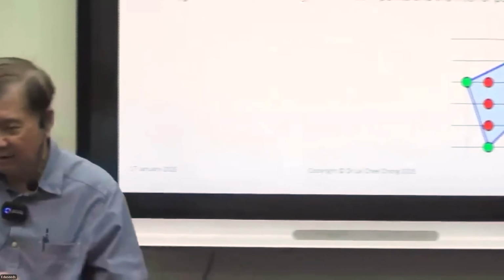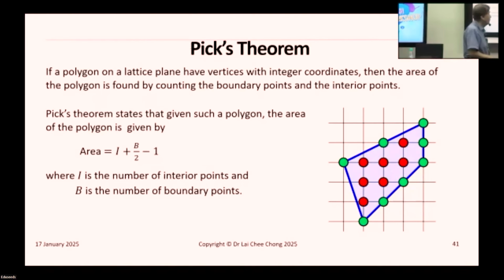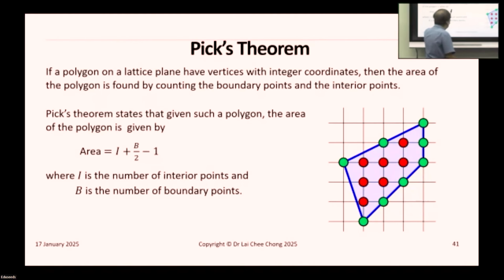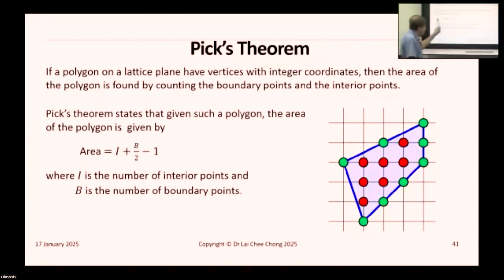And that's what it says. The theorem says that if you are given such a polygon, like what you see here, in this case a quadrilateral, the area of the polygon is given by this formula here. Now, look very closely. In this picture, you've got the boundary points and the interior points. Interior points are the points inside the polygon.